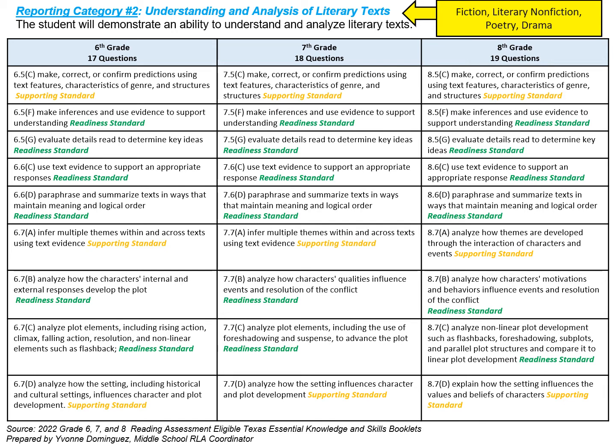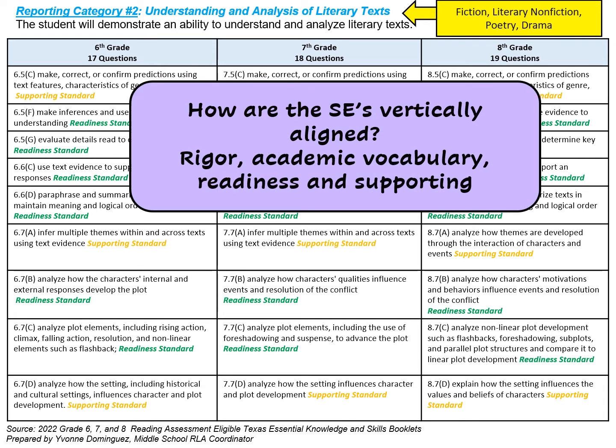Now for reporting category 2, just as we did with reporting category 1, I'm going to give you time to look at how the SEs are vertically aligned. You want to look at the rigor, or the level of thinking, via your verbs. You want to look at your academic vocabulary and content through your nouns. You also want to look at readiness and supporting.